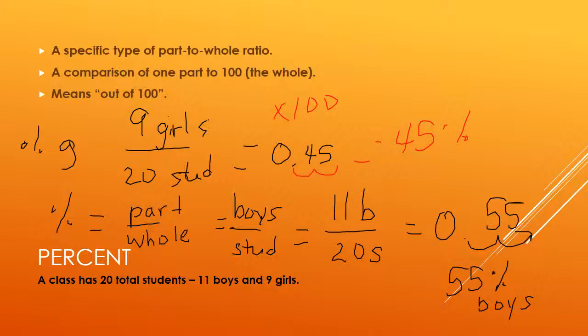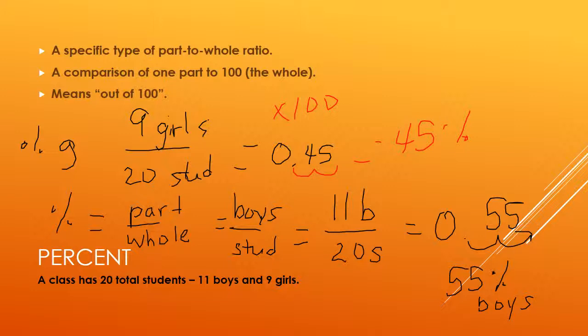If I wanted to do boys, it would be much of the same thing. And I'm going to give you a little template here that you can use for anything. Anytime we think of a percent, we should automatically think of a percent as being a part out of a whole. So in this case, the part we're looking at is the boys, and the whole we're looking at is the students.